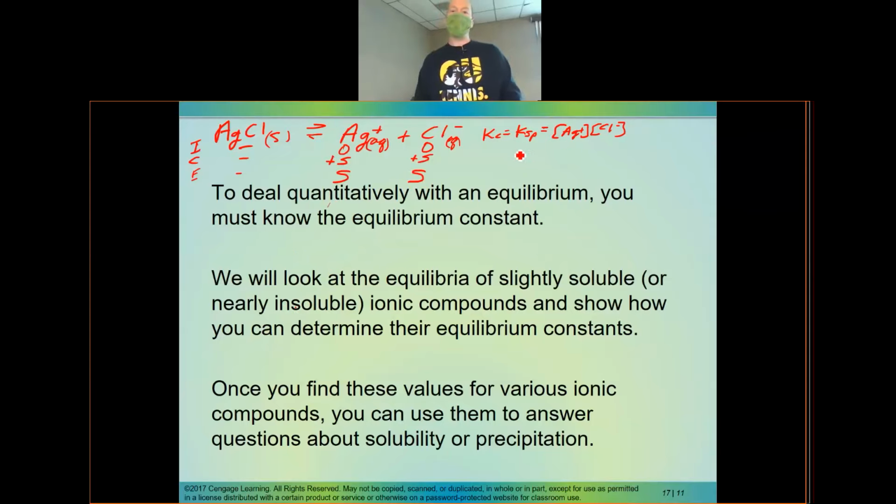So when I plug that in here, my KSP is equal to S times S, and so my KSP is S squared. Where, again, brackets mean molarity, S is your molar solubility.